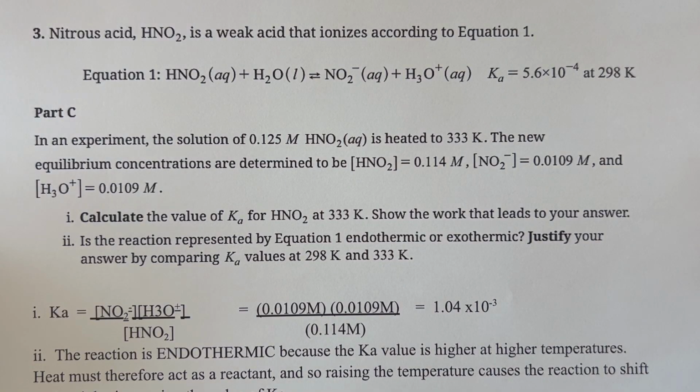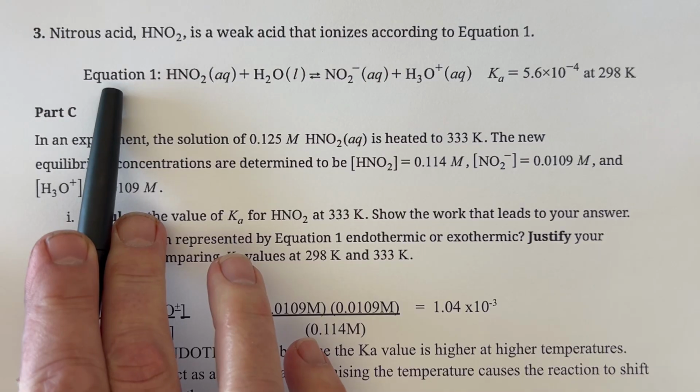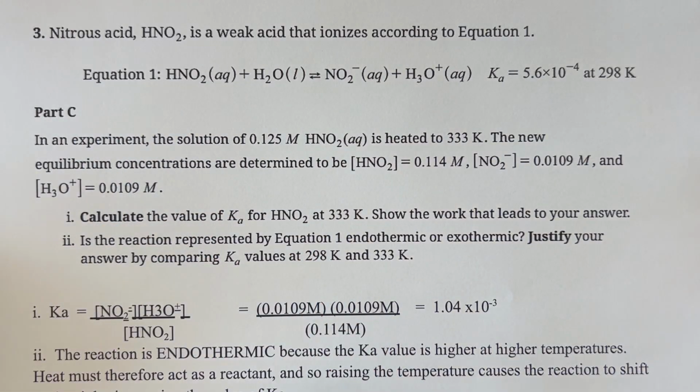The reaction ends up being endothermic because the Ka value is higher at higher temperatures. Heat must therefore be a reactant. Imagine that word heat over here, as one of the reactants. And so raising the temperature causes the reaction to shift to the right, using up some of that heat, increasing the value of the Ka.